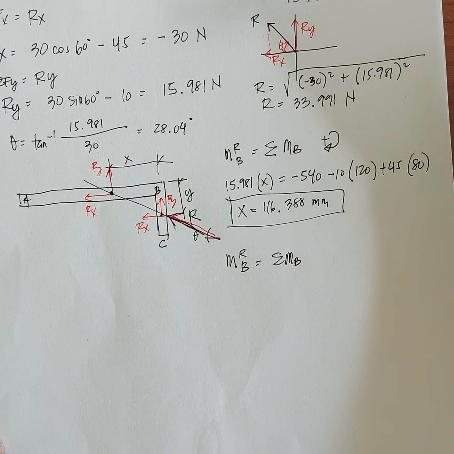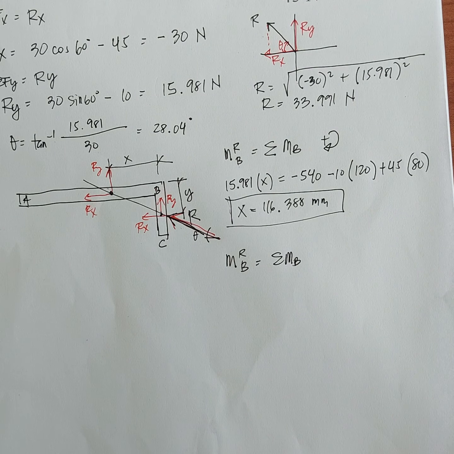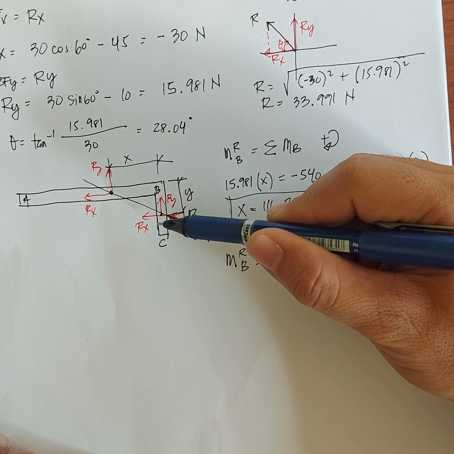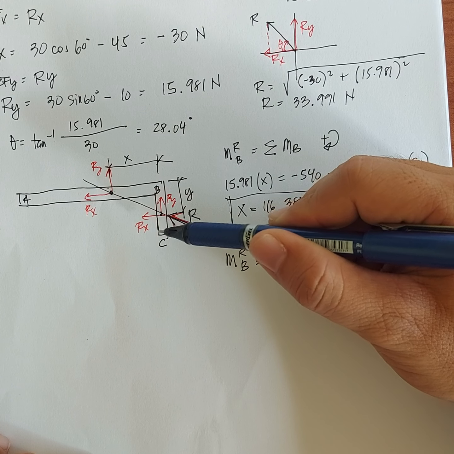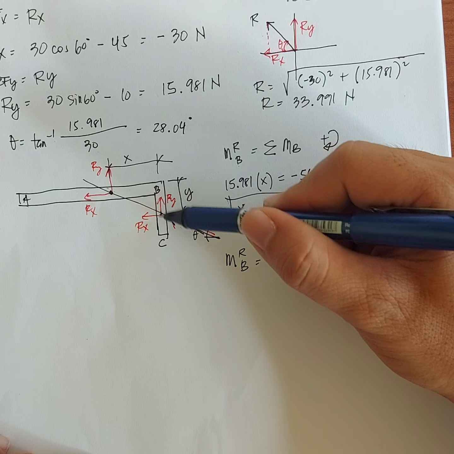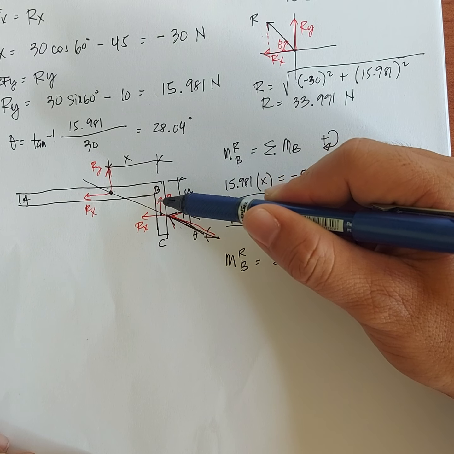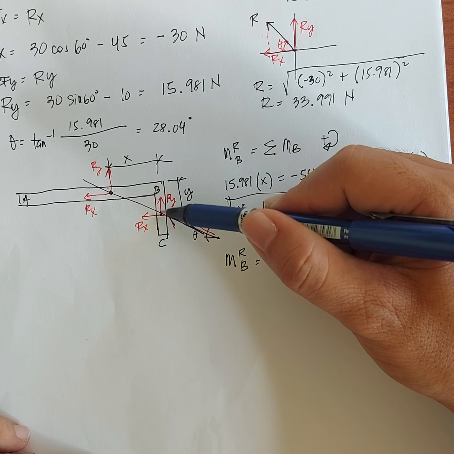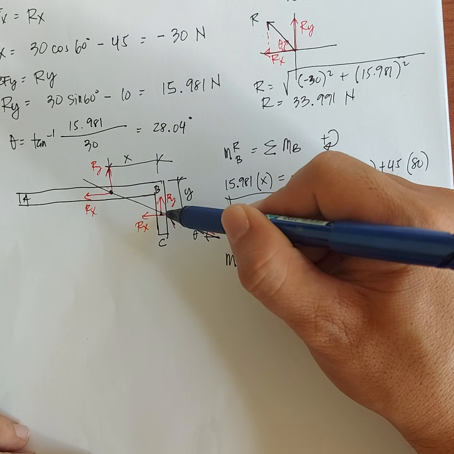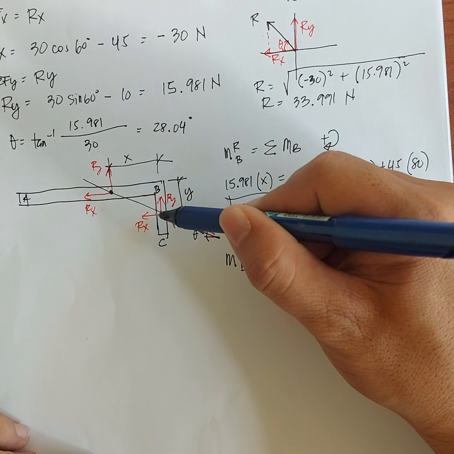So Rx and Ry. Okay, so this time, yung Ry naman, yung walang moment dun sa may point B. Kasi yung Ry natin, wala siyang moment arm, zero moment arm niya sa point B. Ang merong moment at this point is yung Rx.